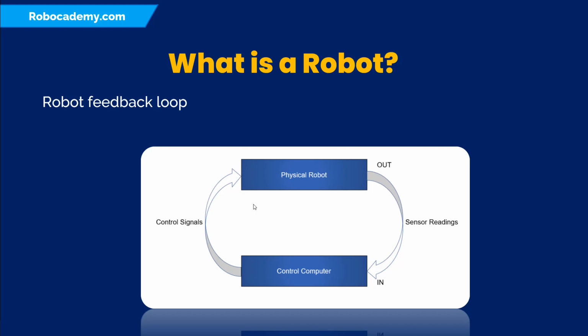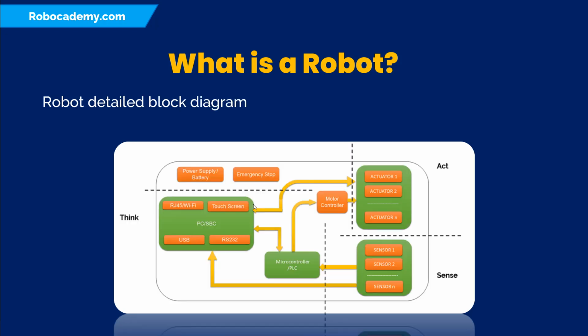This loop runs continuously, reading from the sensors, processing the data from the sensors, then producing some control signals and sending them back to the actuators. So this is a diagram of a robot.